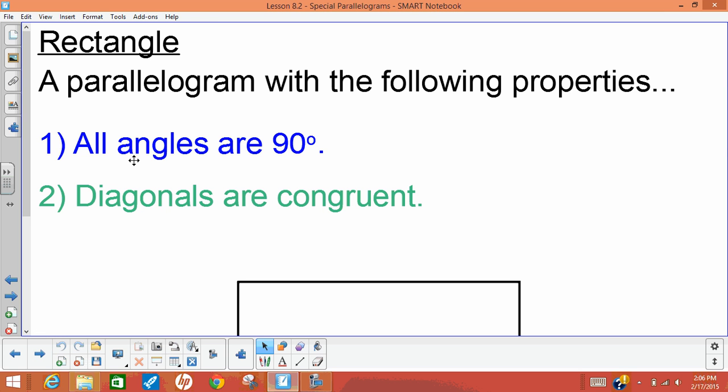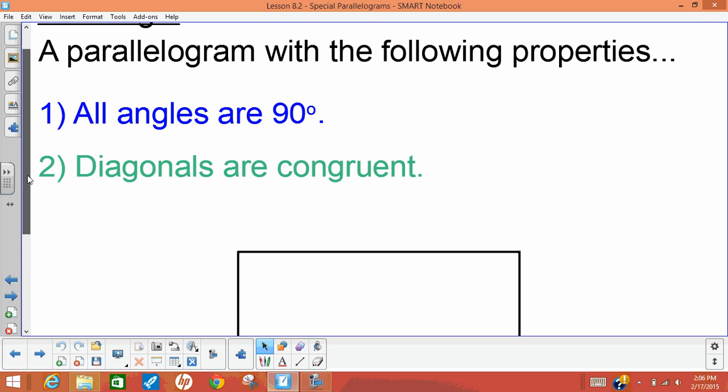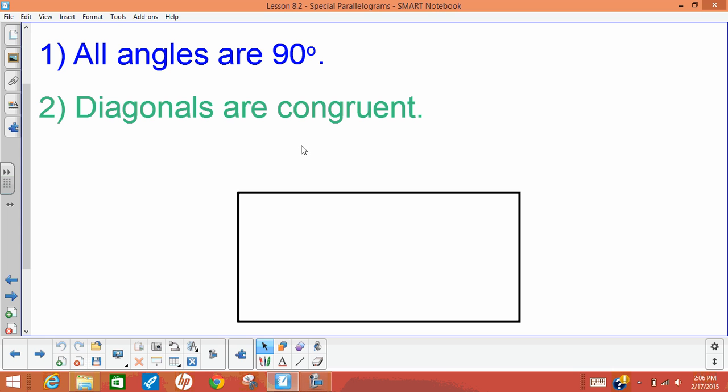So the first parallelogram that has special properties is a rectangle, a shape you all are familiar with. The things that make it a rectangle are these two special properties. These are things that regular parallelograms don't have. You probably already knew that a rectangle has four 90-degree or right angles. So every angle is a right angle.